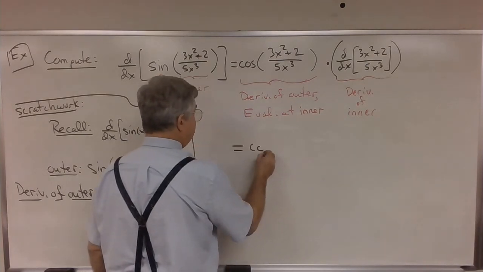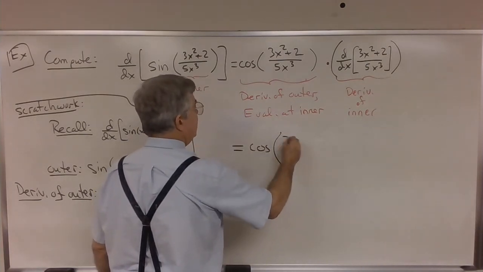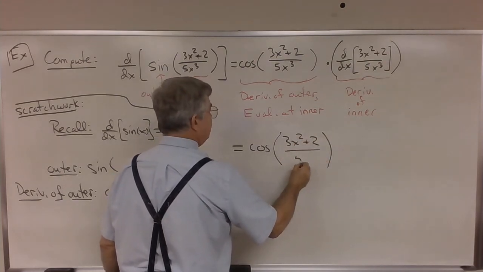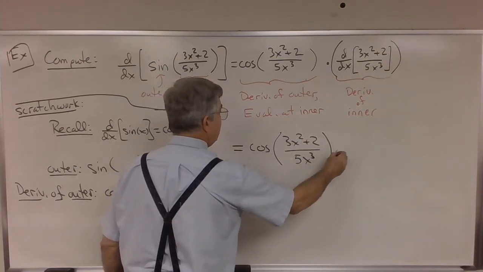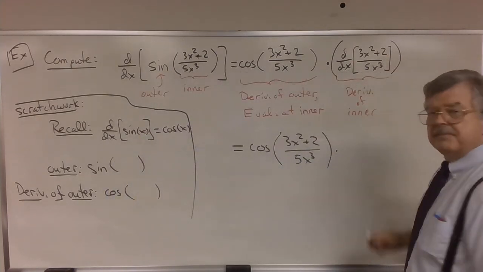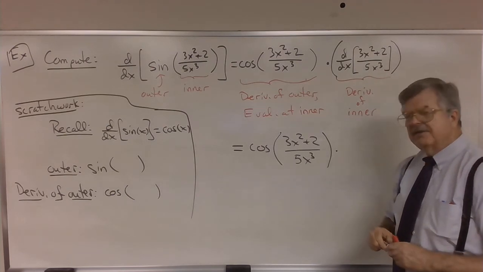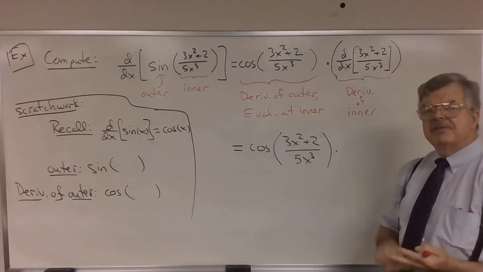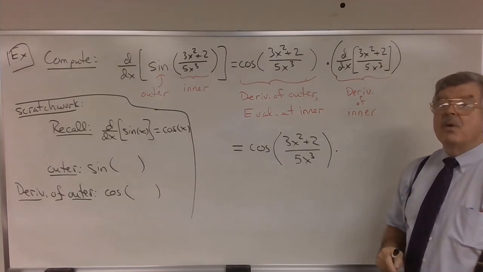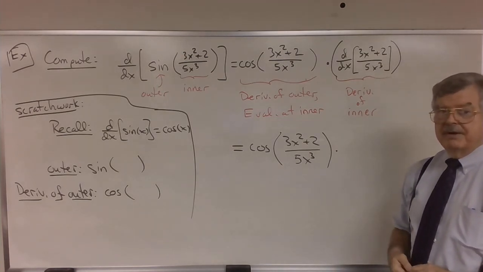So I have cosine of 3x squared plus 2 over 5x cubed times the derivative of this piece of junk, and it's a quotient. So let's see, top prime times the bottom minus bottom prime times the top, all over the bottom squared.